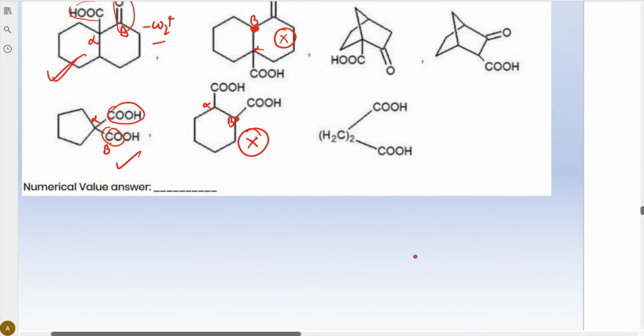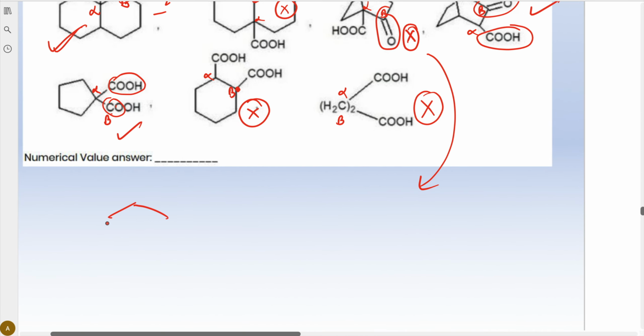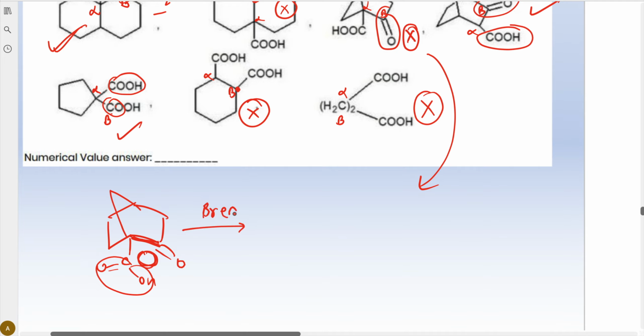This is an exception, try to learn this one. Try to see here, it is not in a plane, so that we can make a cyclic 6-member transition state and CO2 can be removed from here, and it will break one rule which is known as Bredt's rule. Understanding or not?